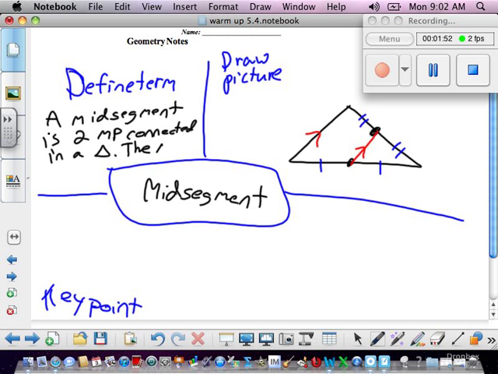The mid-segment is parallel to the third side and half as long. Okay.